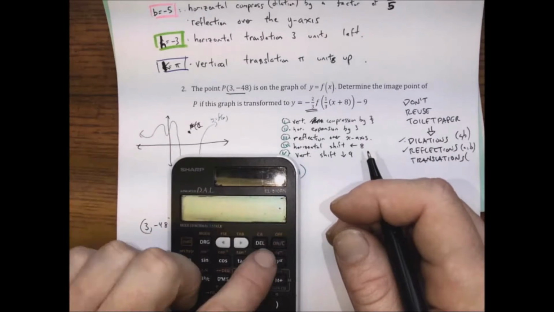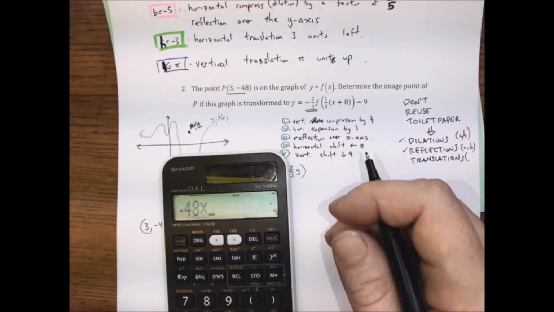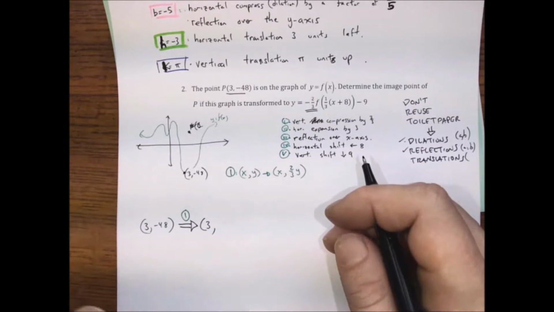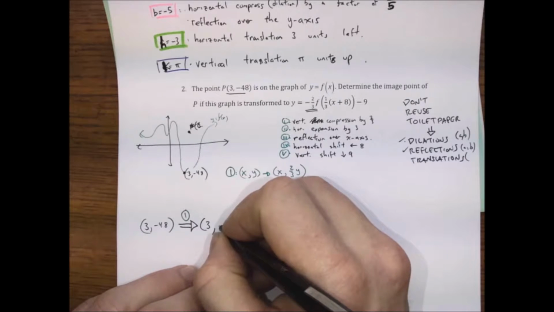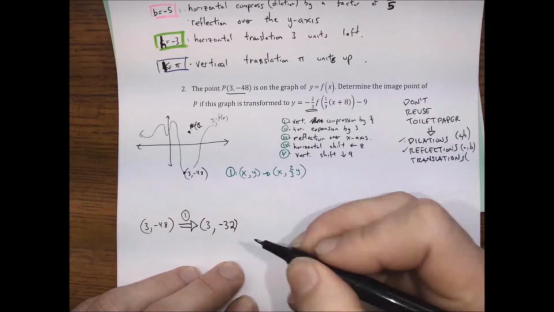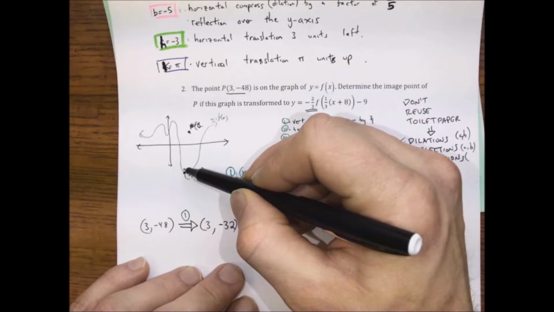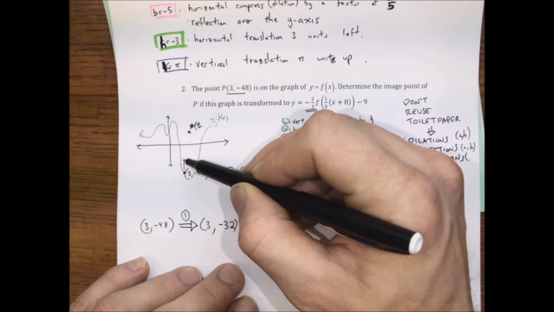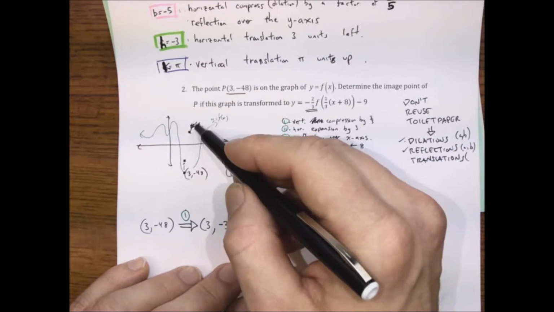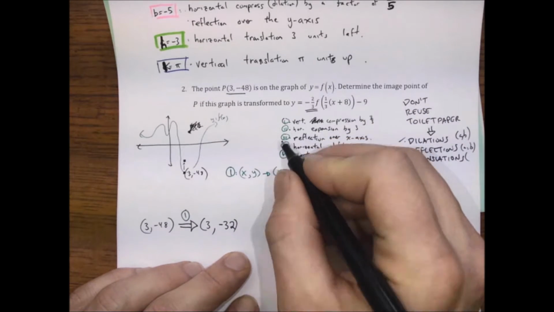I think I'll just double check that. -48 times 2/3, -32. Okay. So my y value is now -32. So that means instead of being at 3, -48, it's going to have moved up to 3, -32. We don't actually need to draw a sketch of this all the time, but I may draw a few steps just to clarify what we're doing here. And then I can move on.